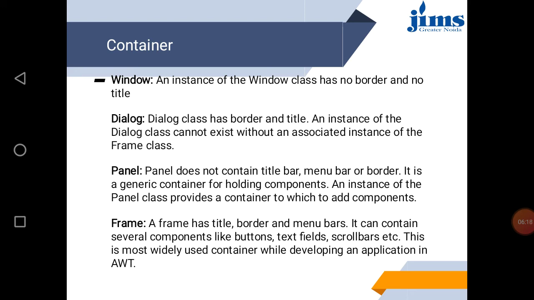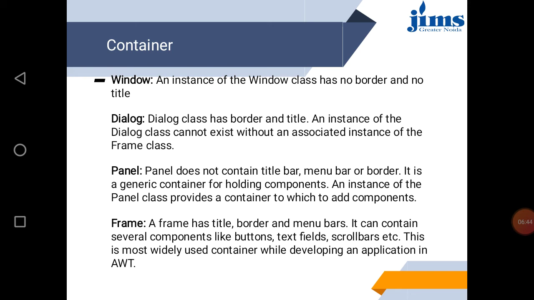The Dialog class has a border and title. An instance of the Dialog class cannot exist without an associated instance. A panel does not contain a title bar, menu bar, or border. It is a generic container for holding components. An instance of the Panel class provides a container to which you can add components.